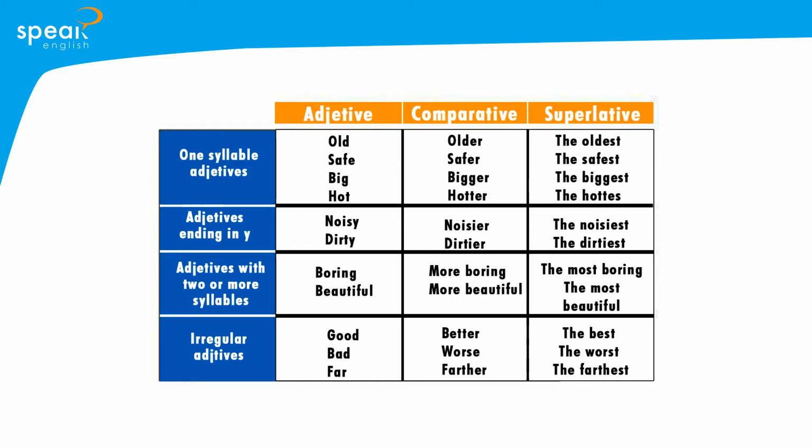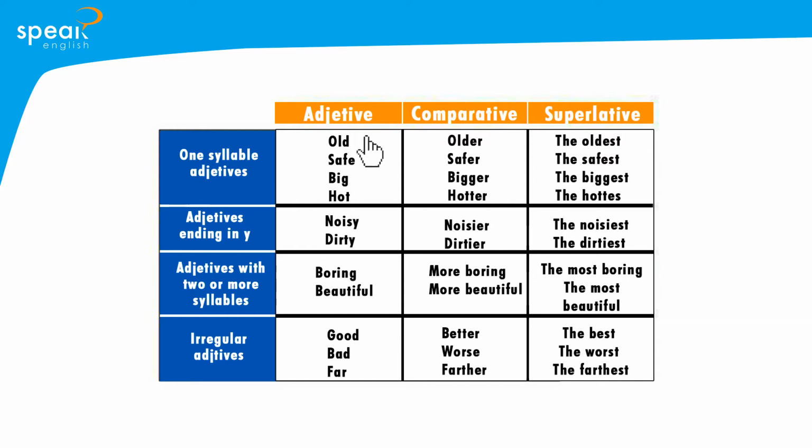So, superlative adjectives. Look at this chart. Rule number 1. To one-syllable adjectives, you add est to the adjective. So, you have the adjective old.